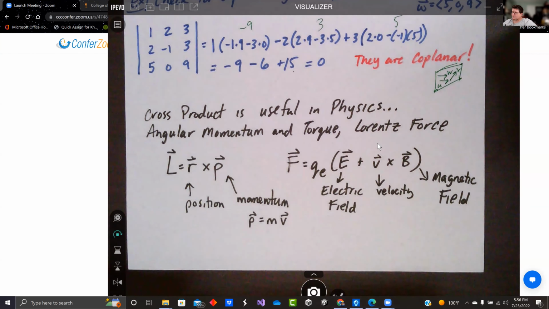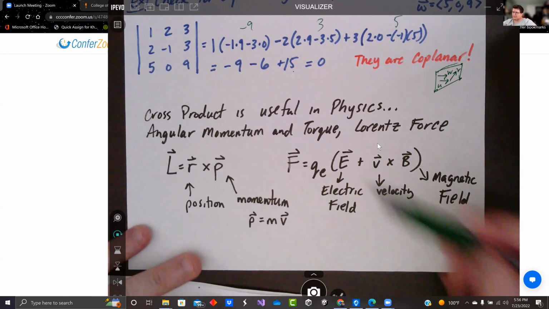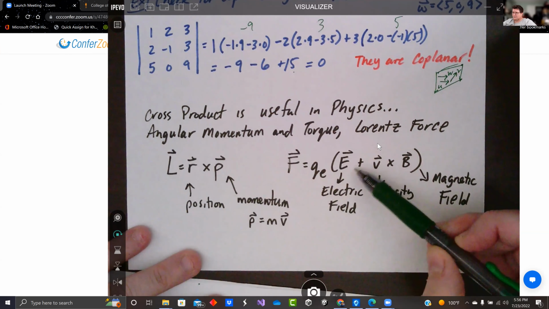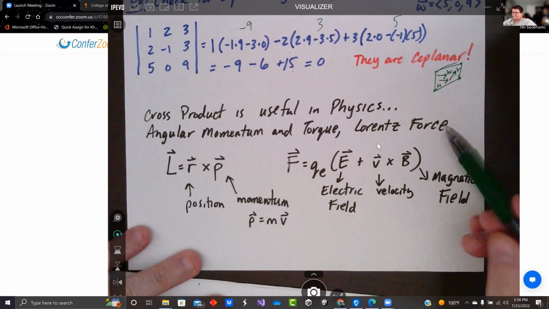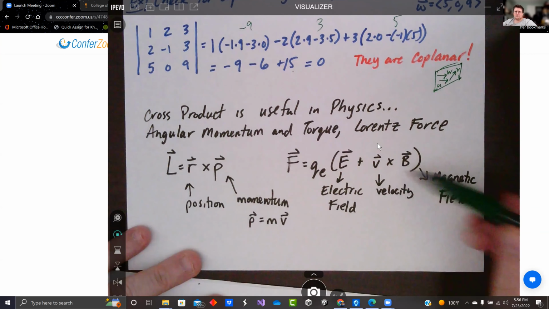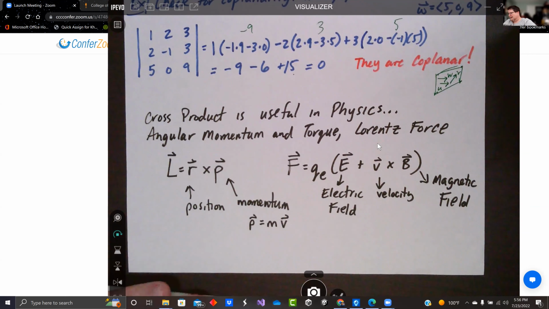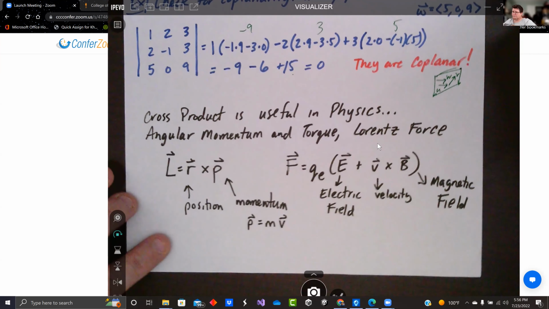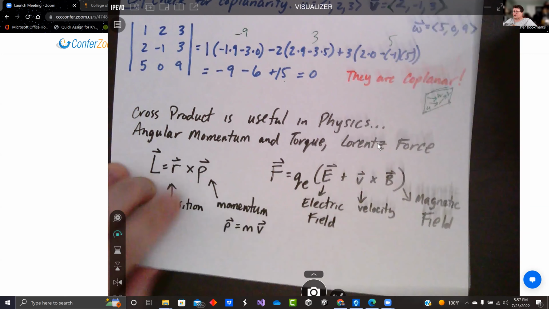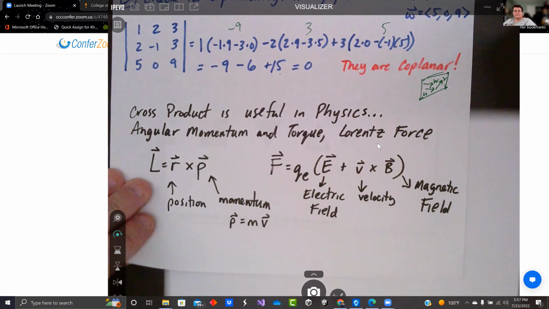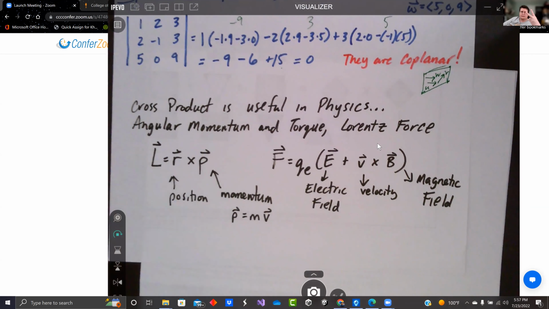When we're doing the Lorentz force, we have the electric charge times the electric field plus the velocity cross the magnetic field. These are physics things. I think you do those in physics 3, not certain when, but that's when that comes up. Those are examples of the cross product, and that will be it for 11.4. Peace.